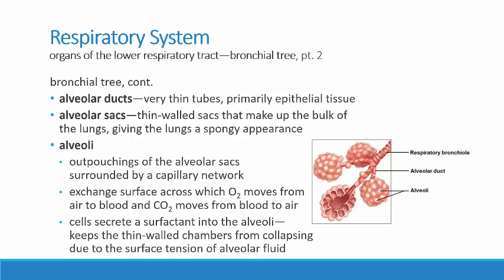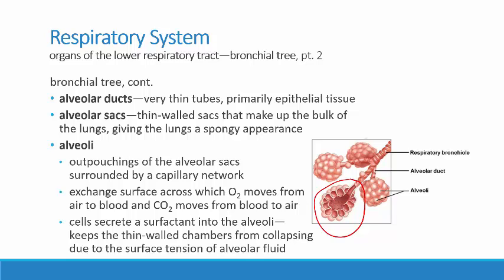And so then the alveolar duct gives way to the alveolar sacs. So here is an alveolar sac. It's composed of multiple alveoli, which are little, almost spherical outpouchings of the alveolar sacs. And each alveolar sac is surrounded by a capillary network.